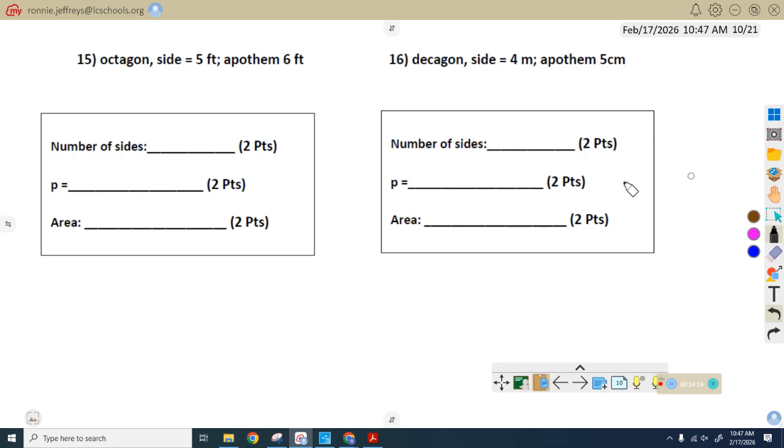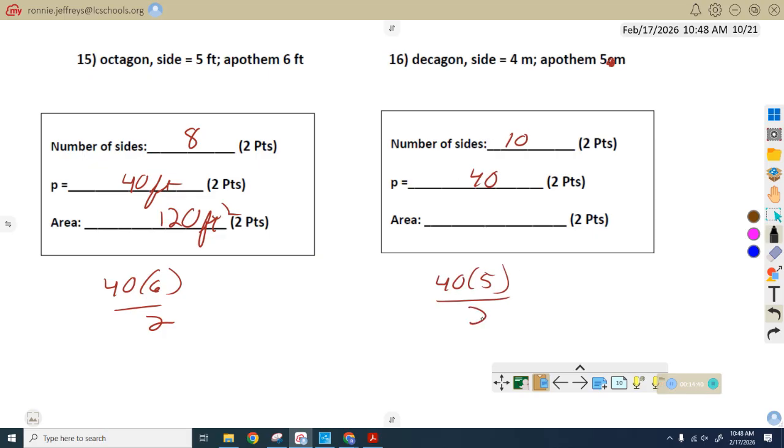All right, an octagon has 8 sides. This would be 40 feet. 120 feet squared. Now, yes, this says meters and centimeters. It's all supposed to be meters. Number of sides. Decagon, this is 10, so this would be 40. 40 times 5 divided by 2 would be 100 meters squared.